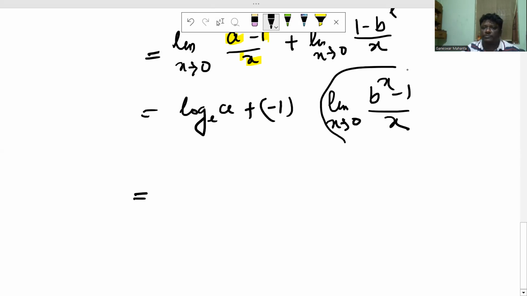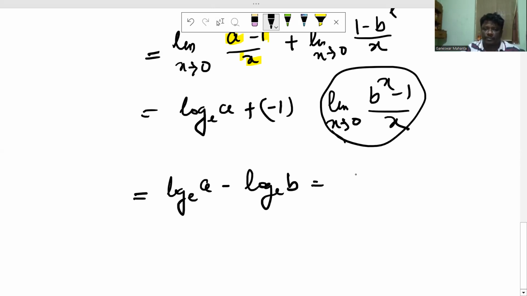That is log b. So log a minus log b, and that will become log a by b. And this is your answer.